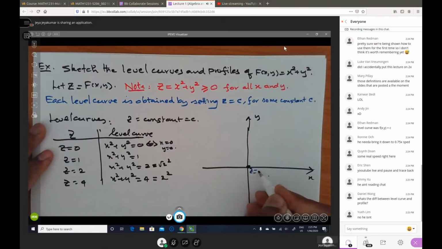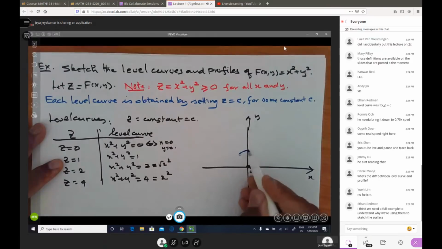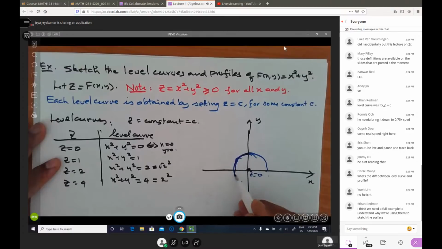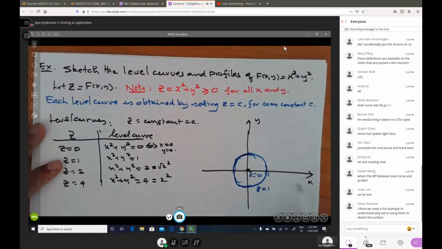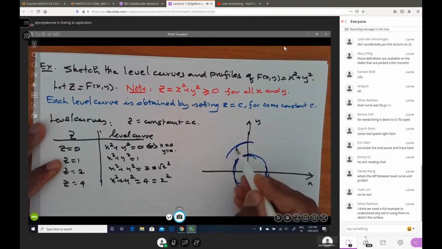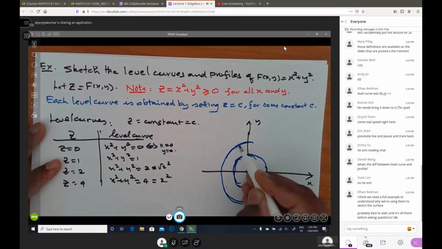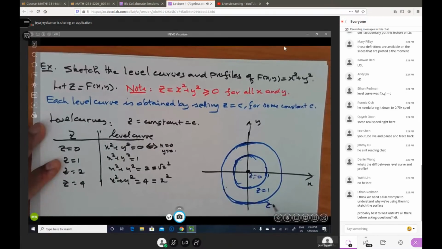So z equals 0. Z equals 1: x squared plus y squared equals 1. That's a circle with radius 1. That's z equals 1. And z equals 2 is radius root 2 here.